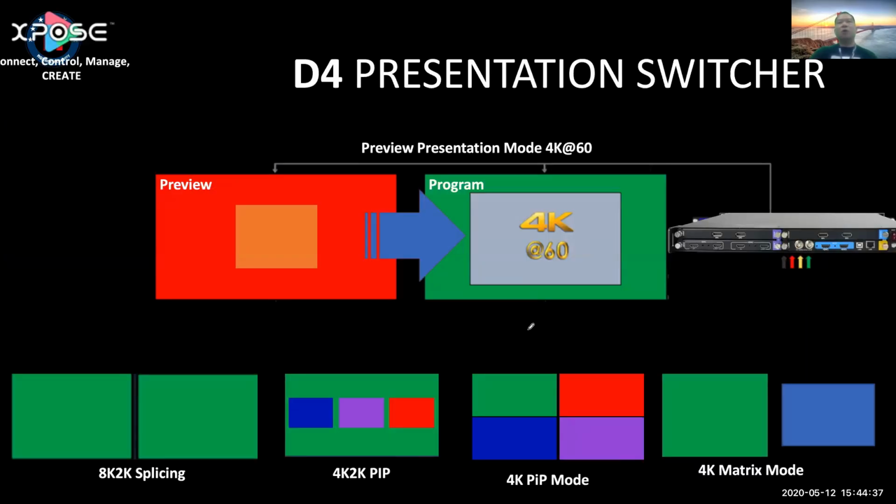One of the applications for the D4 is this kind of content delivery. One example is that the content is delivered to 2 4K displays. One 4K display works as a preview, and the other 4K display works as a program. So the operator can preview the content on the 4K display.